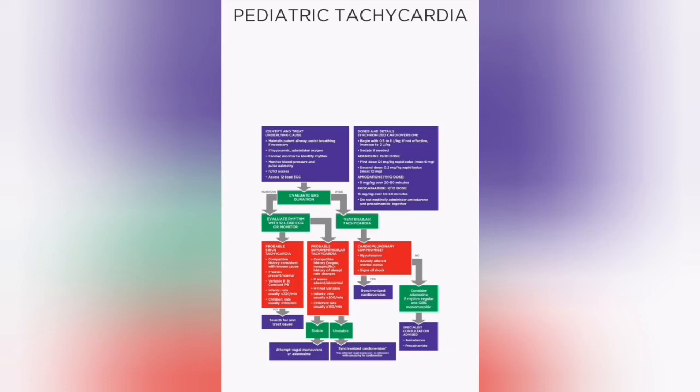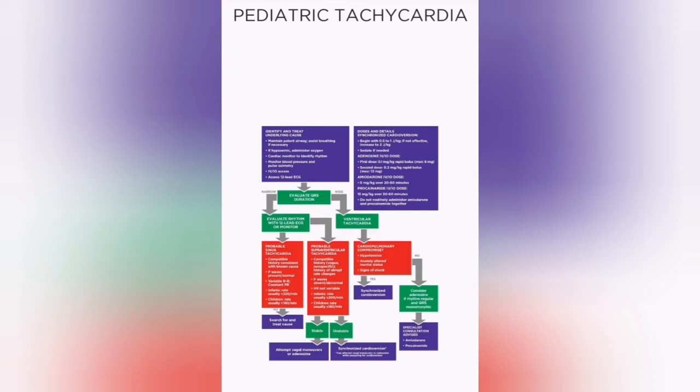You have to be sure when you put it in synchronized mode that the light is flashing, 0.5 to 1 joule per kg. If no response to adenosine, or if at any time you find there is inadequate perfusion. After rhythm conversion, monitor for any signs of heart failure.